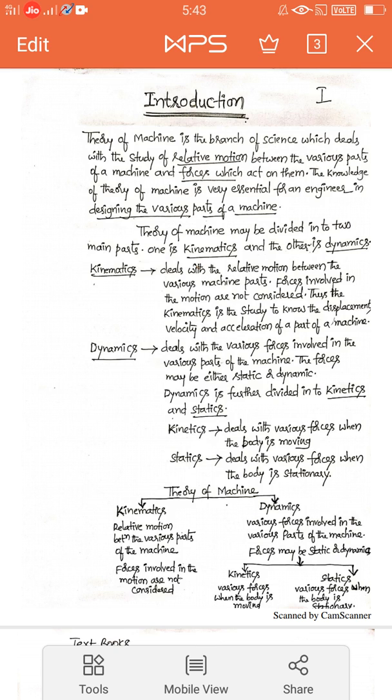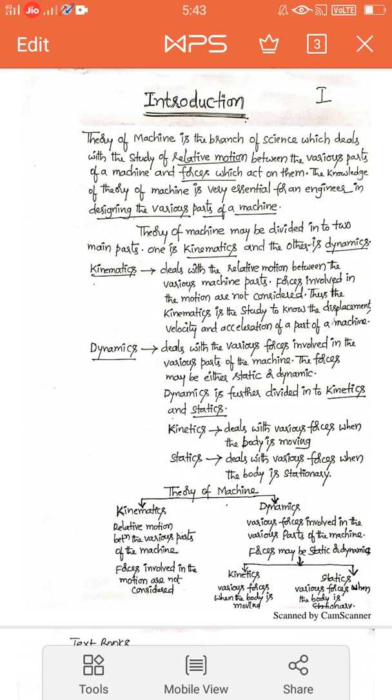Module 4 deals with the cams. What is a cam, what is a follower, what are the different types of cams, different types of followers, what are the different motions of the cam and follower, so that after understanding all these basics of cam, we will draw the cam profile for the different cam and follower arrangements.